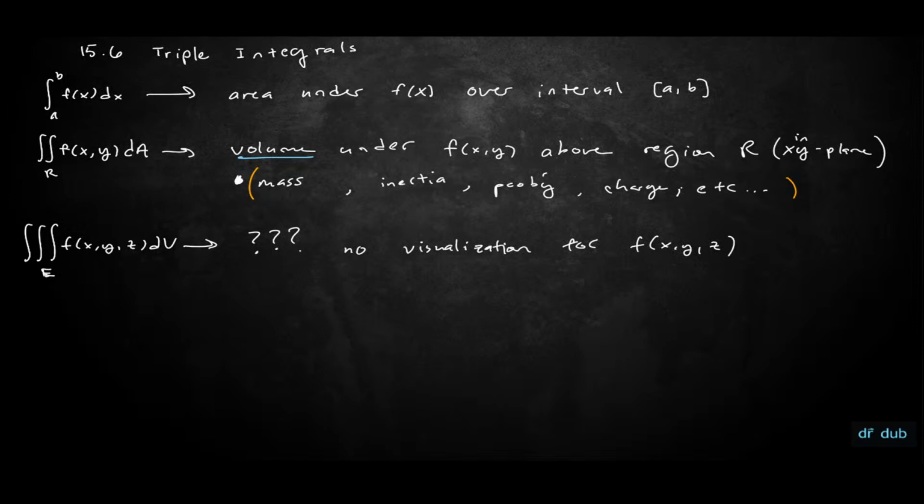I don't want to talk about it as some kind of hypervolume because that's dumb. So it really depends on what f of x, y, z represents. It's really more of the second category. There's no go-to interpretation for a triple integral. So we need to know what f of x, y, z represents.